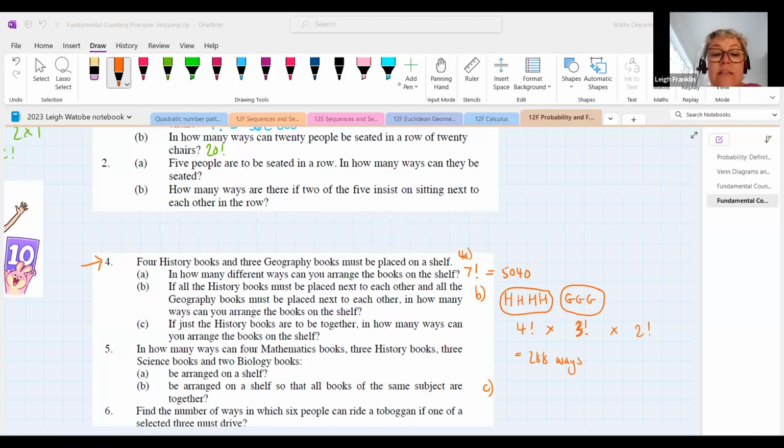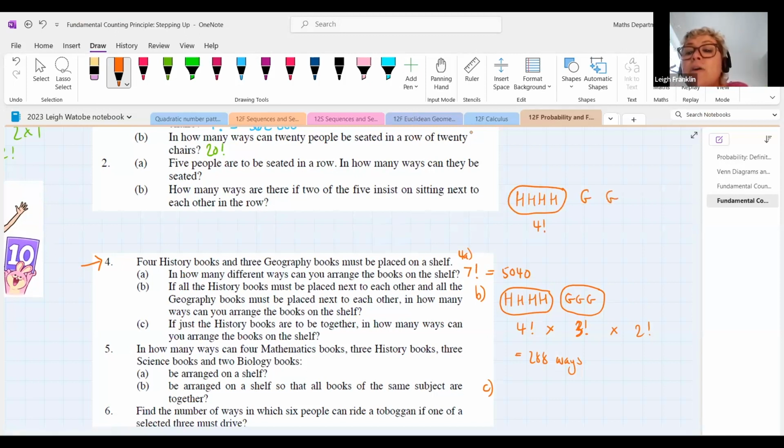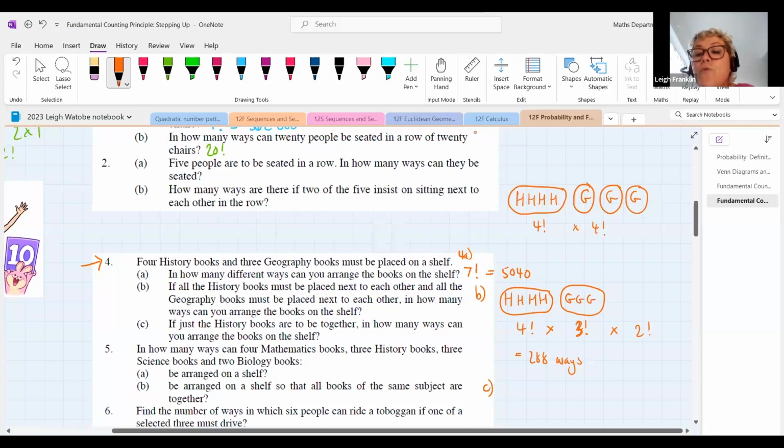Okay, so that's the number of ways in which the history books can be arranged with each other. Because remember, we're going to put them together and then we're going to put them in a group. So there's 4 factorial ways in which they can be arranged with each other. But there are 3 other geography books floating around. Okay, that's it, Nhlanhla. So it will be 4 factorial by 4 factorial. Does that make sense to everybody else?